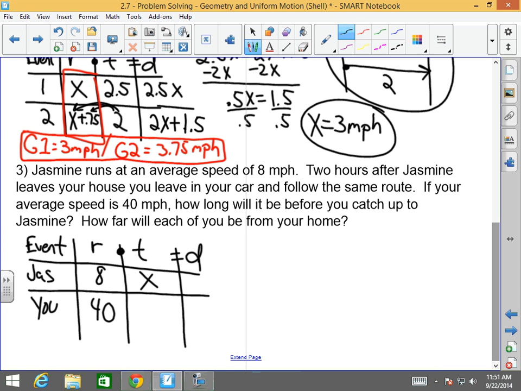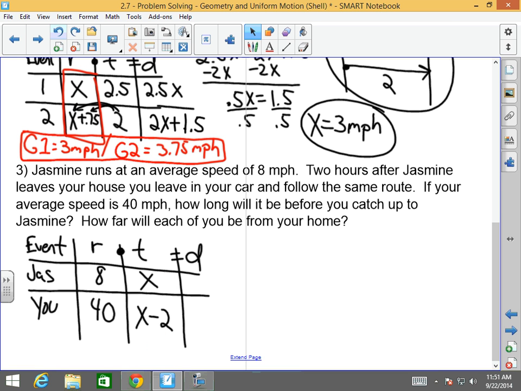So that means that you are traveling for x minus 2 because she was already traveling for 2 hours. You left 2 hours later. Now, if you wanted to, you could also make yourself x and Jasmine x plus 2 because she was running for 2 hours more than you. That one is interchangeable. But I'm going to stick to my original one.